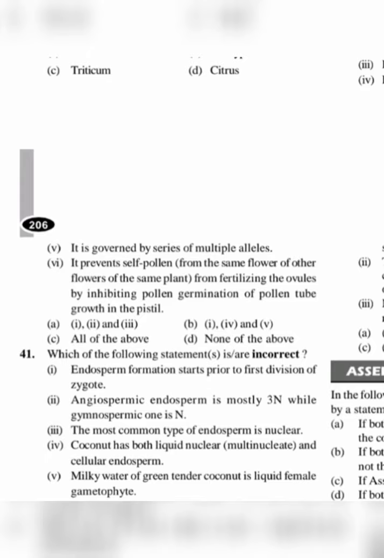In plants with self-incompatibility, when a pollen grain produced in a plant reaches the stigma of the same plant or another plant with a similar genotype, the process of pollen germination, pollen tube growth, ovule fertilization and embryo development is halted at one of its stages and consequently no seeds are produced. So question number 40, the right answer will be C, all of the above.